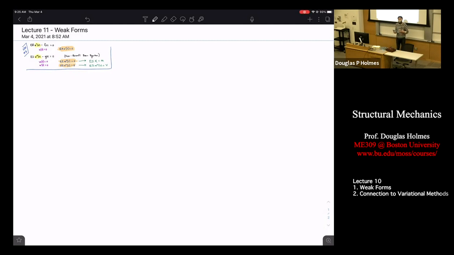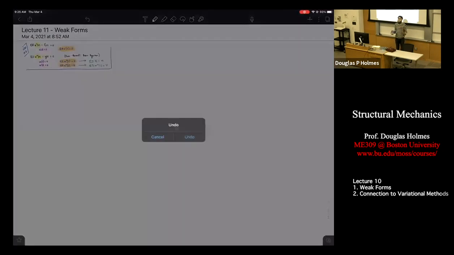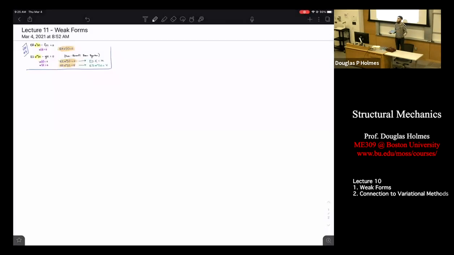And so the reason why I'm lecturing you on this topic today is because the stuff we're going to cover today is actually what all your commercial finite element solvers are solving. These are the equations that they're solving. This is what's going on under the hood. For the most part, you may or may not interact with these things, but I feel like you need to know that this is what's happening under the hood. If I were you, I would think of this as a curiosity: this is how the thing works.